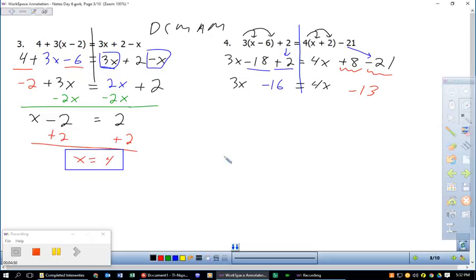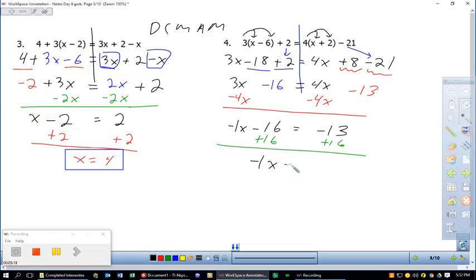Next, we need to move variables. So I'm going to go ahead and subtract 4x from the x term on both sides. That will give us a negative 1x minus 16 equals negative 13. Add, subtract. We can add 16 to both sides because we want to get the x by itself.